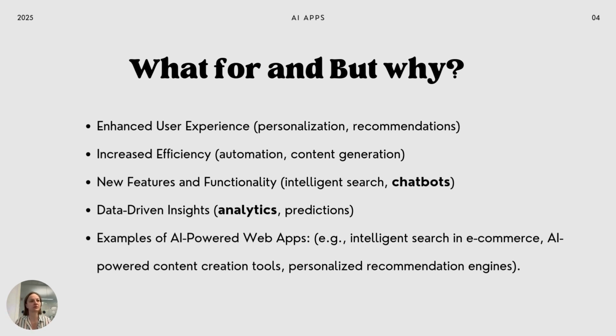Some simple examples are personalization and recommendations. So things that previously may have been hard coded, or simple algorithms that suggest things based on your previous choices, like apps such as Spotify suggesting the next song you will like, or an e-commerce website the next product you will like. That now becomes a call to a more complicated external AI model, and you need to know how to use it.